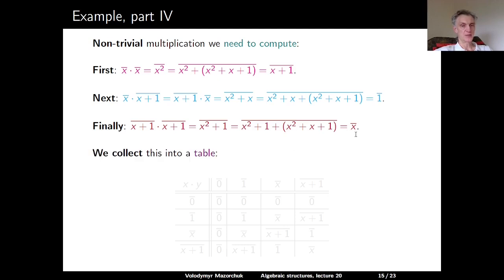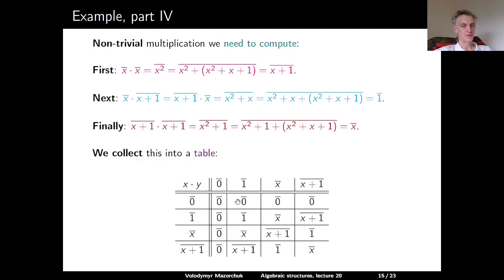So here is the multiplication table in our field. Of course 0 multiplies everything to 0. Of course 1 is the identity, and then the non-trivial multiplication is that x squared is equal to x plus 1, x plus 1 squared is equal to x, and x times x plus 1 is equal to 1 in both directions.